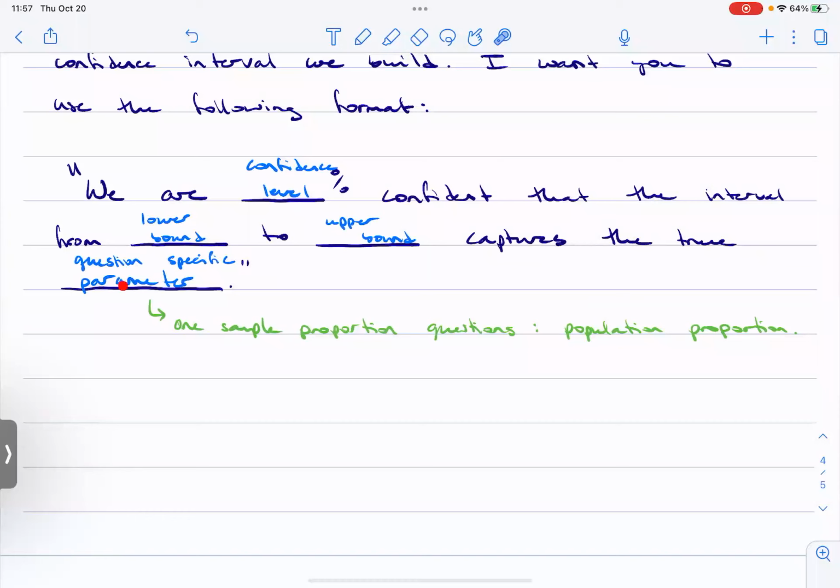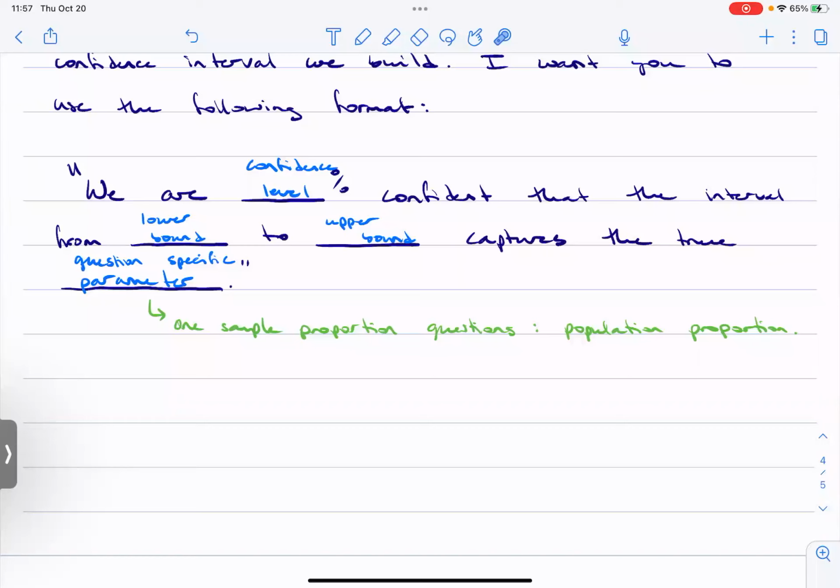That's going to change, right, depending on what type of question I have, but it's often very safe to just take the question and reword it as an answer. Just take what did they want me to find a confidence interval of and insert it at the end.